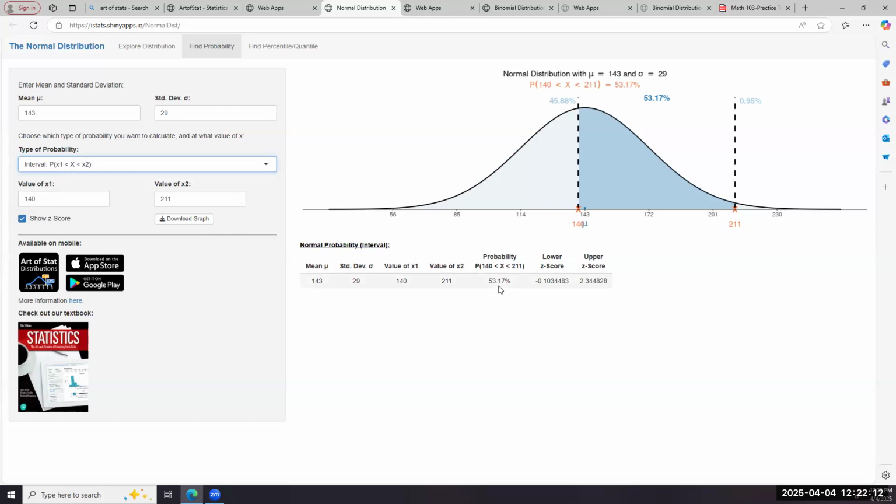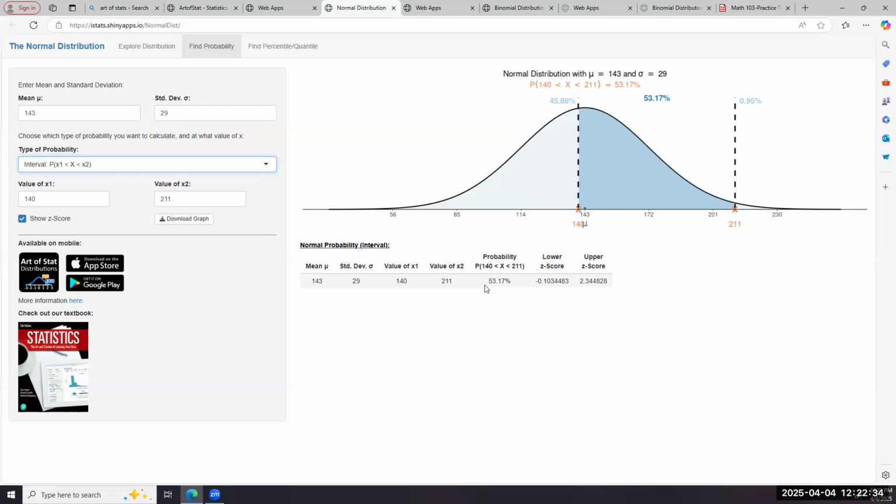53.17%. Okay, so let's go back and show you how I did it. So I just check this number, then I explain it. So the probability that X is going to be between 140 and 211 is going to be almost 53.